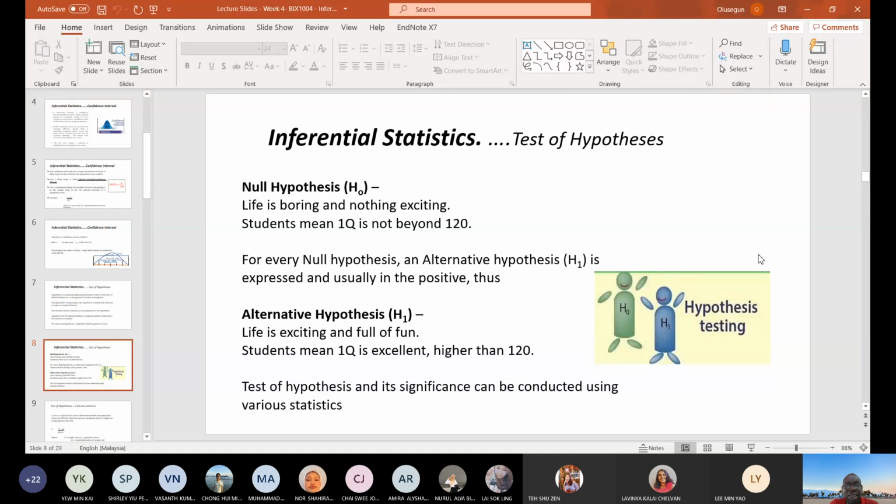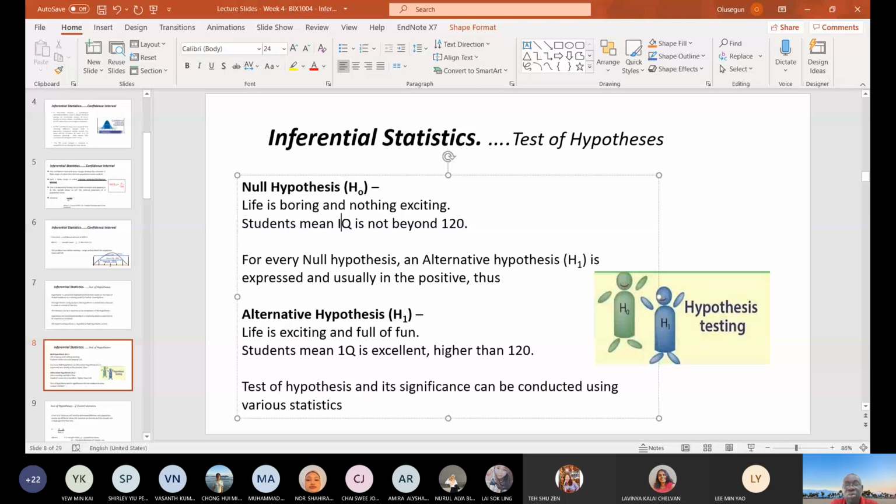Another one is I can say student mean IQ is not beyond 120. So if IQ is rated and I say student IQ is not beyond 120, perhaps a rating of 120 may be too low, maybe a low IQ, maybe medium or moderate, or maybe a high IQ level.